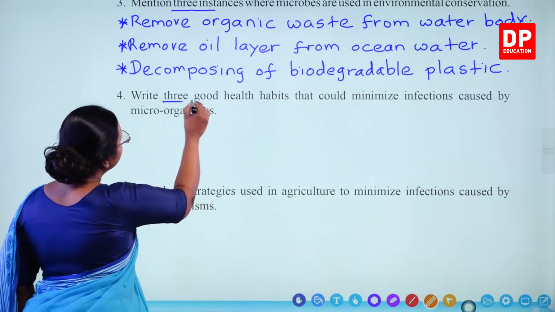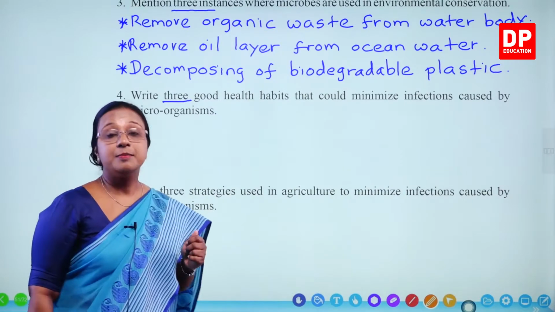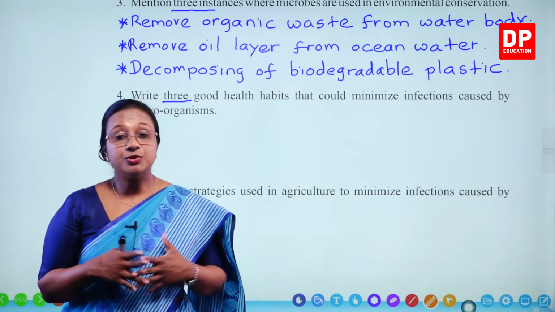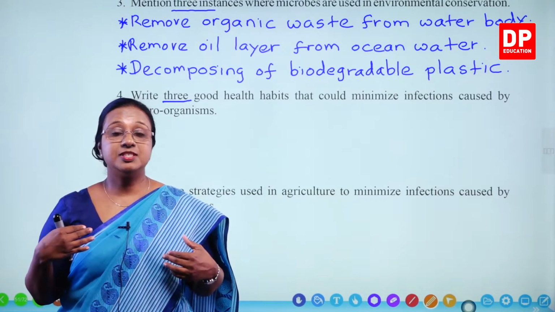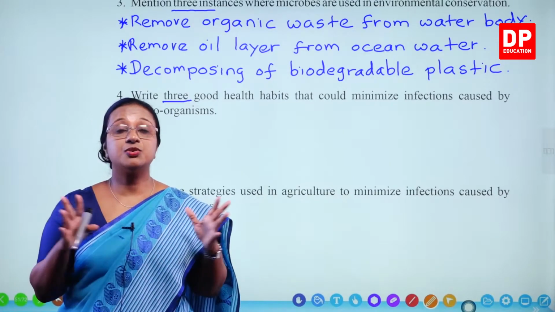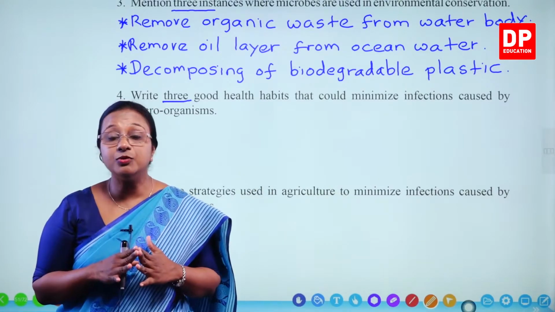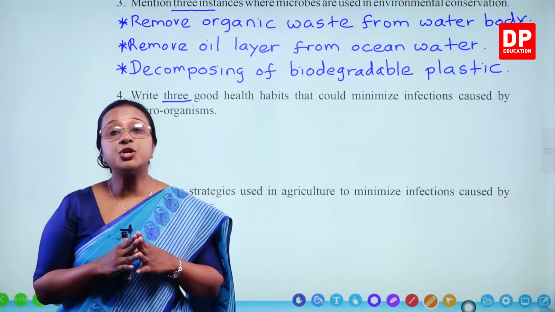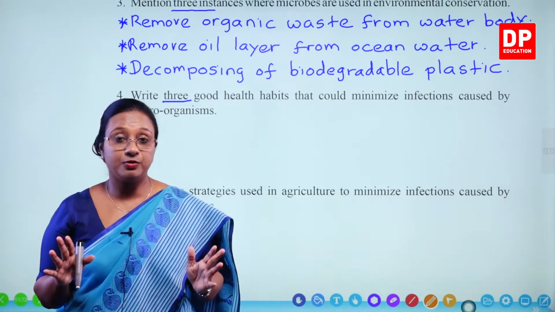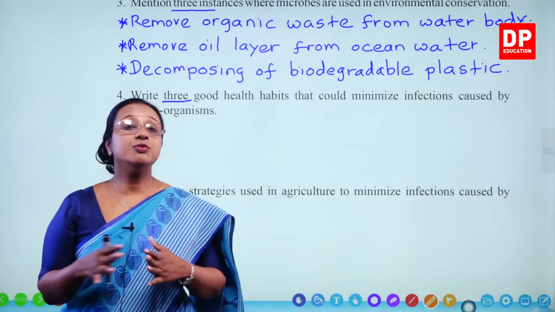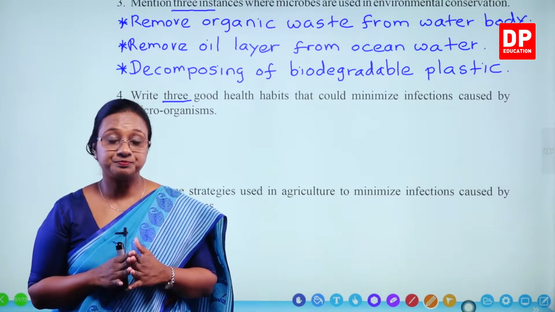Write again 3 good health habits that could minimize infections caused by microorganisms. So here again, you know, infections can enter your body either through air, through your digestive system, through touch. So how can you avoid it or minimize it? By following good habits. You have to wash your hands before you have your meal. You have to wash it very thoroughly. Another thing, after you use the toilet, again you have to wash your hands with soap and water.